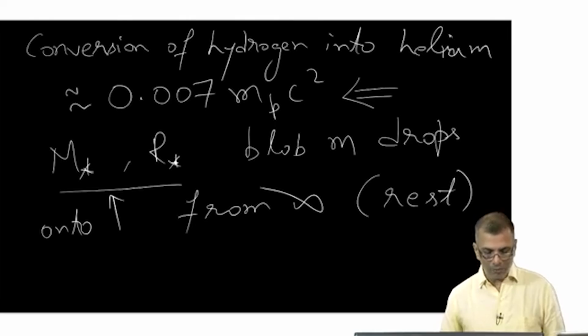Okay. Now, what is the kind of energy that we would expect to be released? You are essentially converting the gravitational potential energy, so let us simply estimate it.